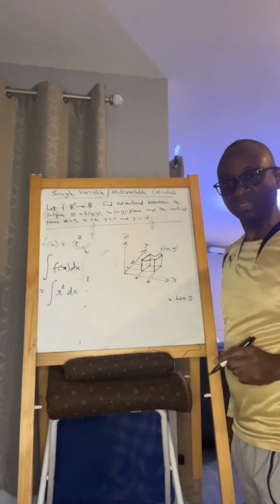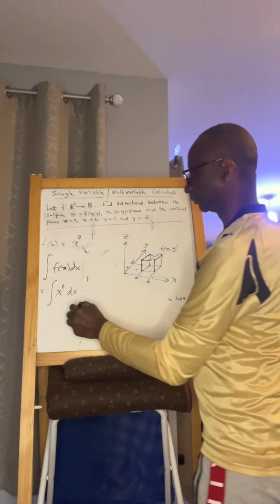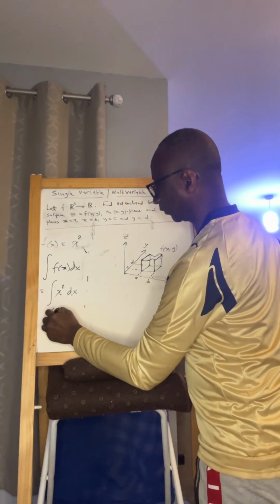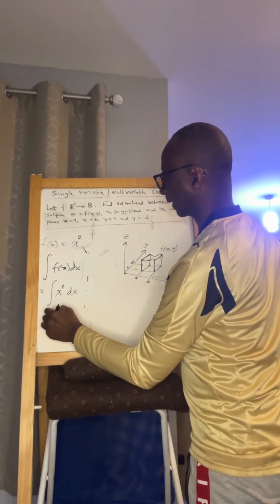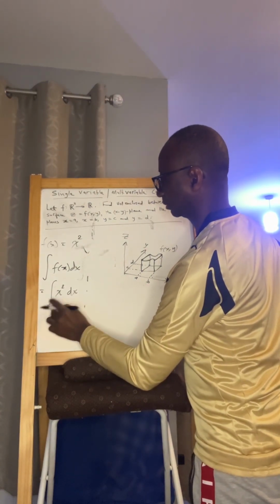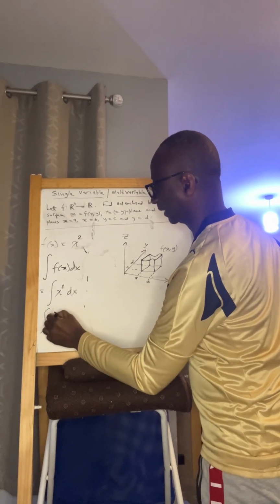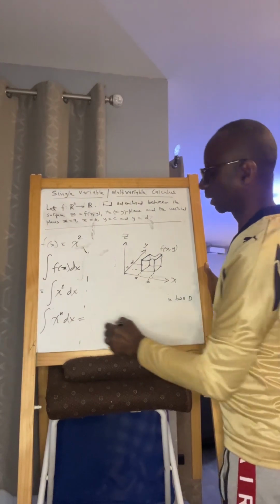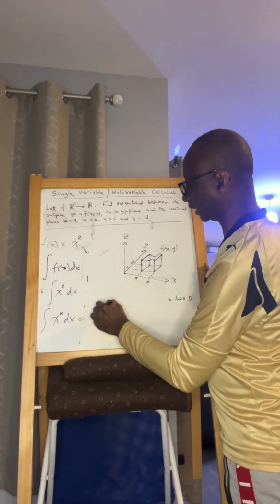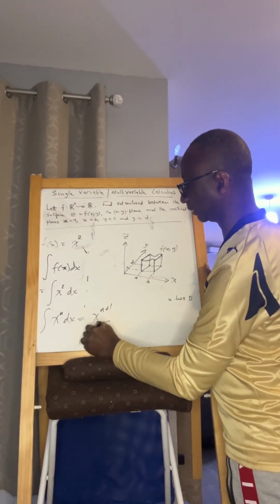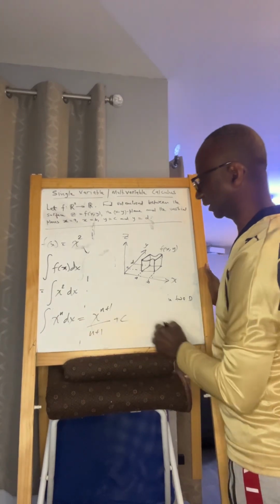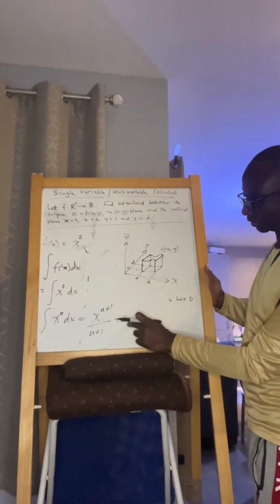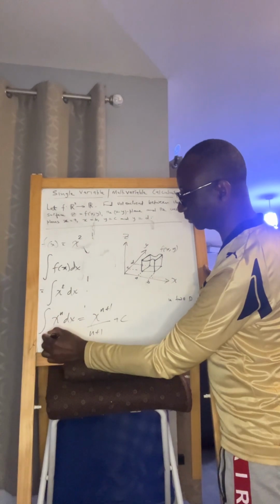The formula for integrating a function, if you want to integrate x raised to the n dx, you will have x raised to the n plus 1 all over n plus 1 plus c, where c is a constant. We'll have this constant because there are no limits here.